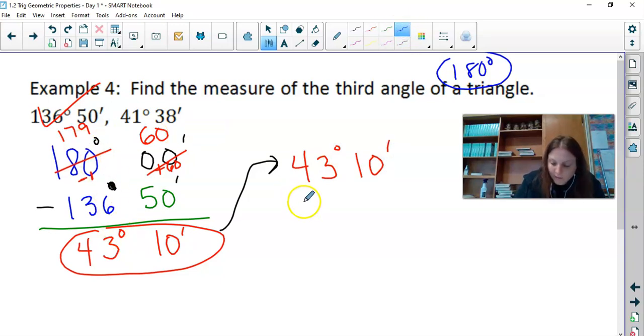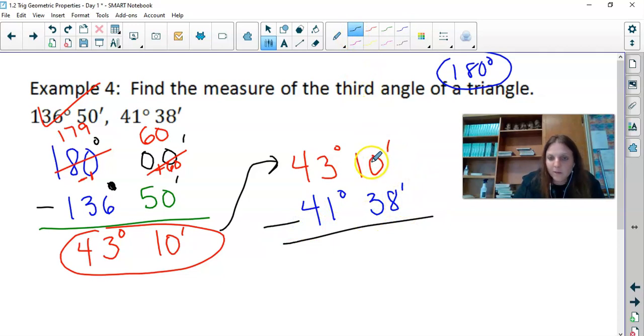So I'm subtracting the 41 degrees, the 38 minutes. You'll notice that if you try to subtract 10 minus 38, you end up with a negative number. So what you're going to have to do again is borrow. Go ahead and borrow the degree. 43 is now going to be 1 degree less, so 42.